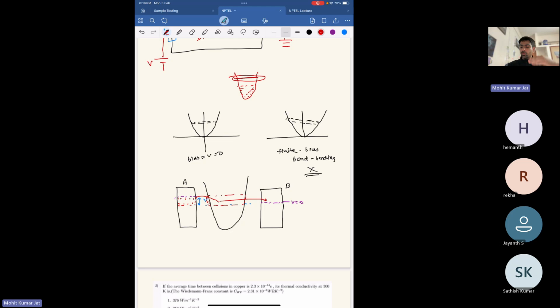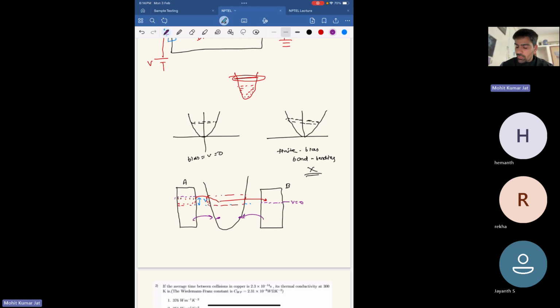But if you come down in the system, for example here, this wants to fill it up and this also wants to fill it up. So there is no conduction from the electrons which are well below the Fermi energy EF, because both the contacts want to fill them up. Similarly, at the top, both the contacts want to get emptied. So there is no net current.